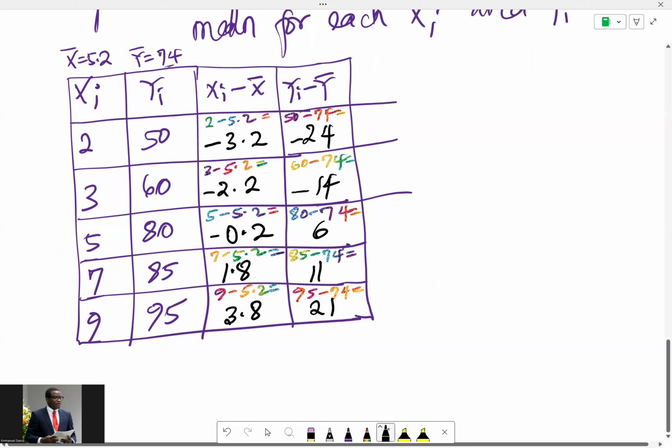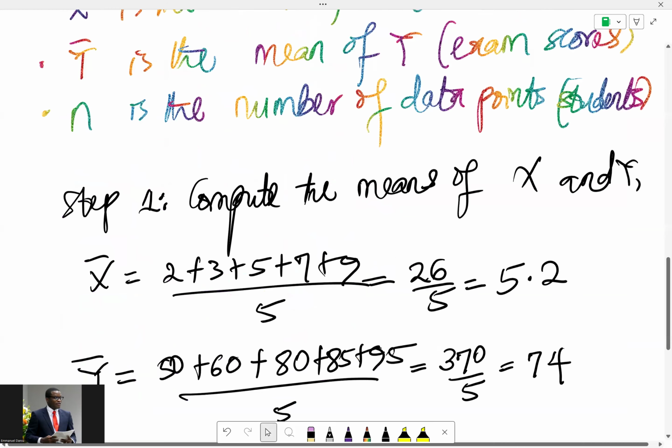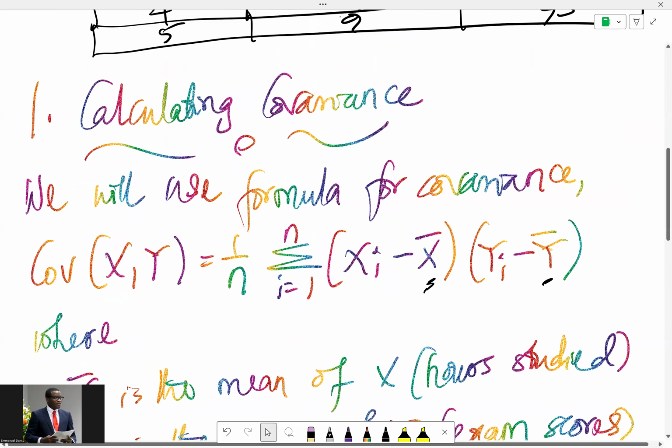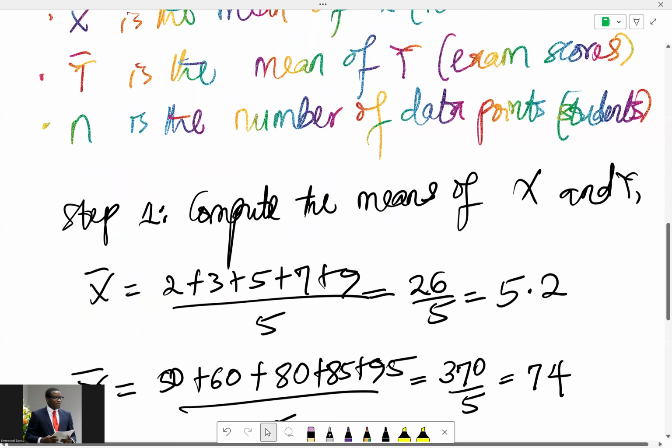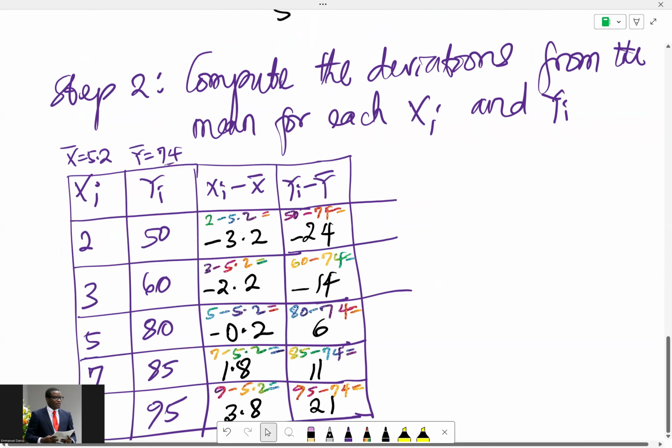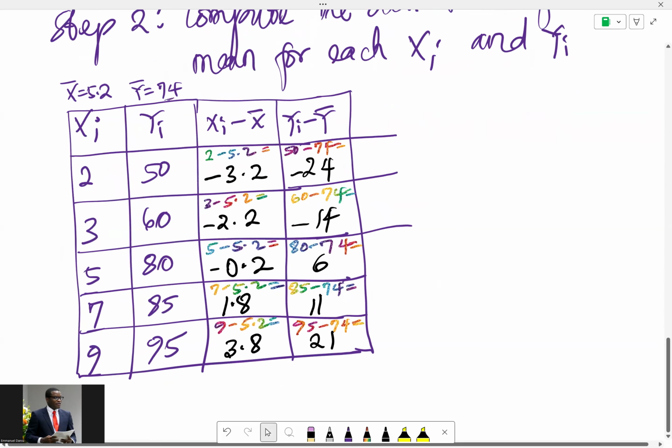So we go ahead. The formula again, don't forget, is like this. We are going to multiply the two of them: xi minus x bar multiplied by yi minus y bar. Whatever we get, we now sum up everything together, in all the 5.